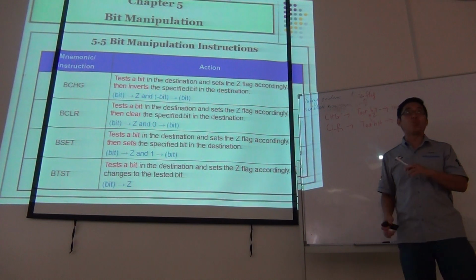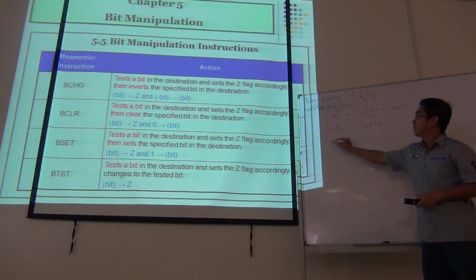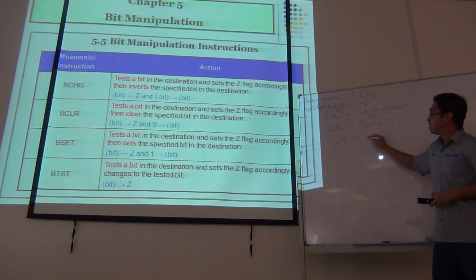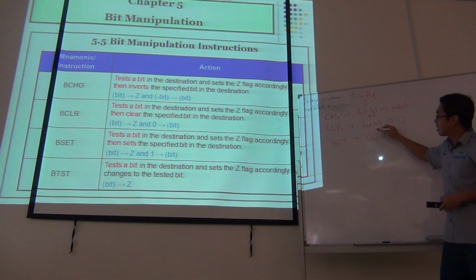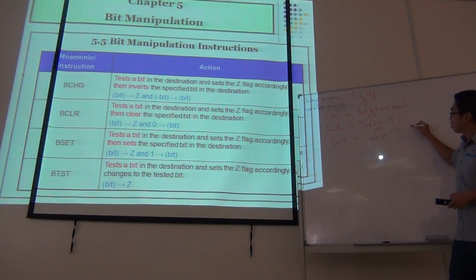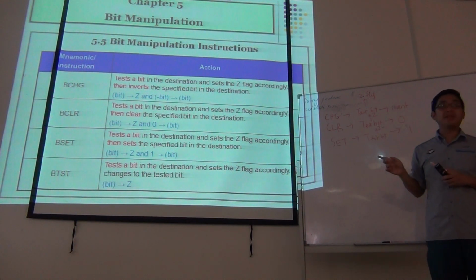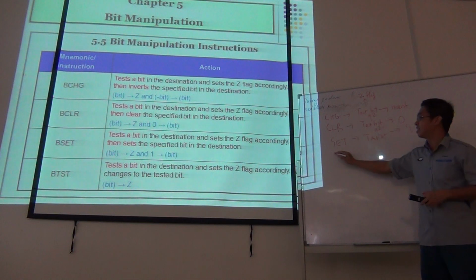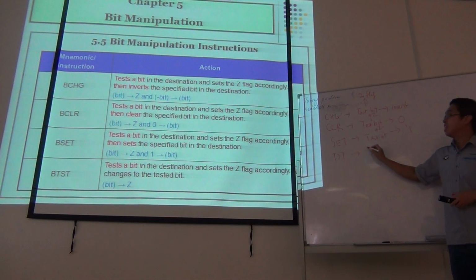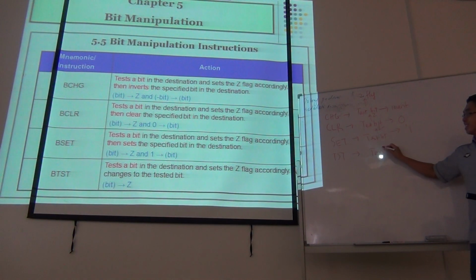Set is equivalent to 1. You test the bit first, look at the Z again, and then change to 1. And the last one, bit test. Bit test is only test. Test and just look at the Z flag. That's all, no changes.